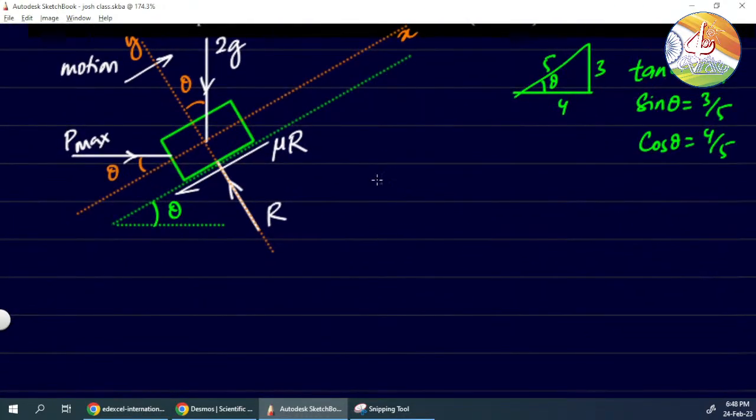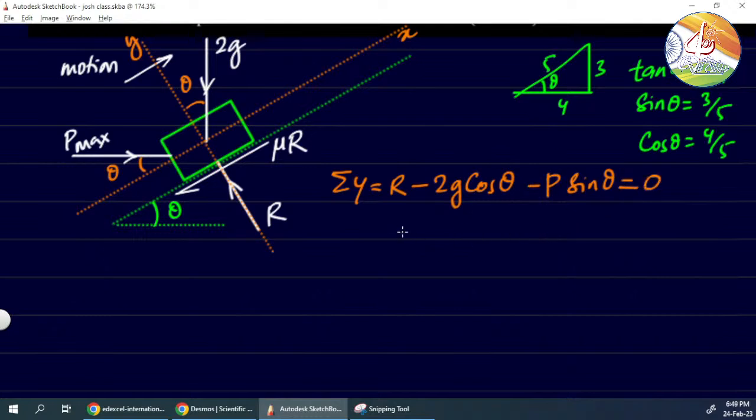Let us start with sigma y components. R is acting in the positive y direction. 2g cos theta is acting in the negative y direction, and P sine theta is also acting in the negative y direction, so minus. Friction is parallel to the x axis, so it doesn't have any effect in the y direction. Total should be 0.